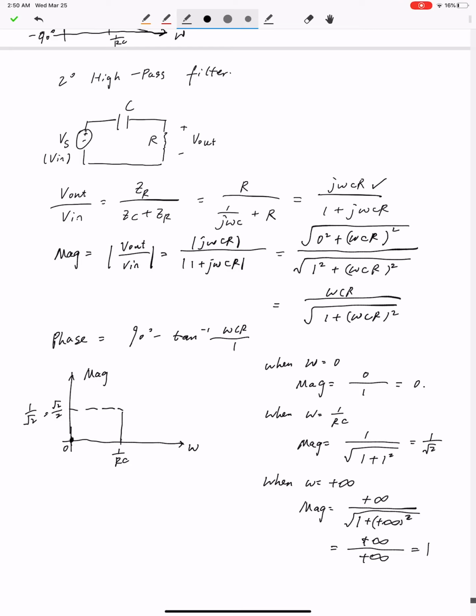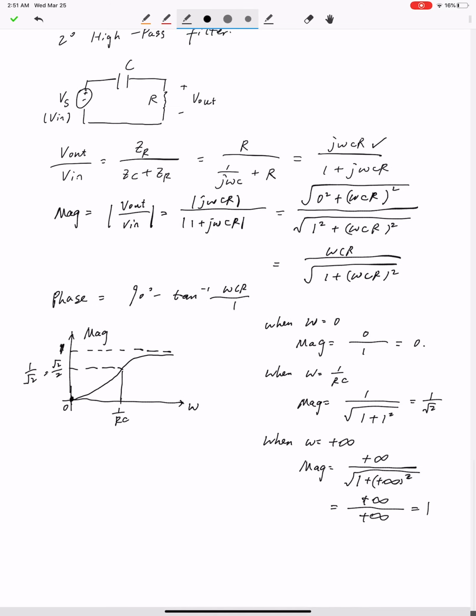Which means when omega is positive infinity, the plot is approaching 1, right? It has a limit. It isn't like the exponential function, which grows without boundaries. We have a limit, and that is 1.